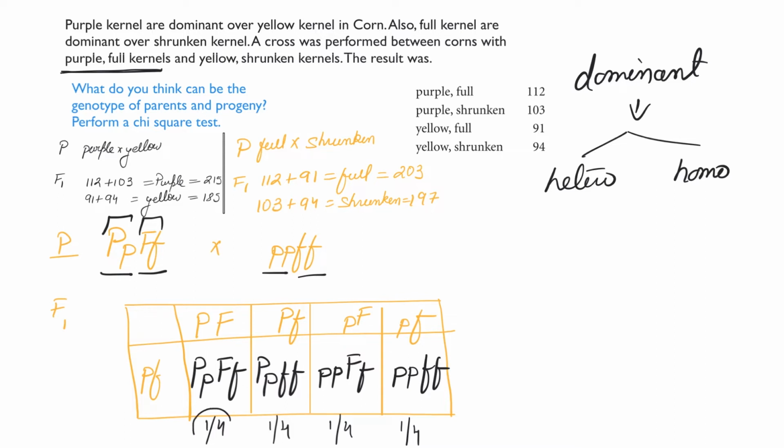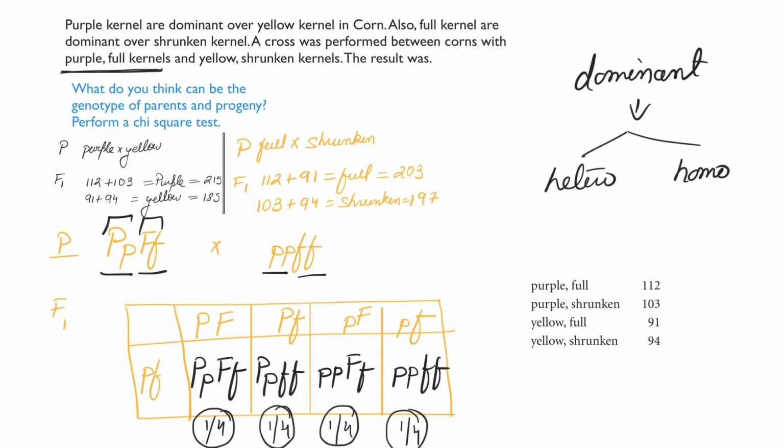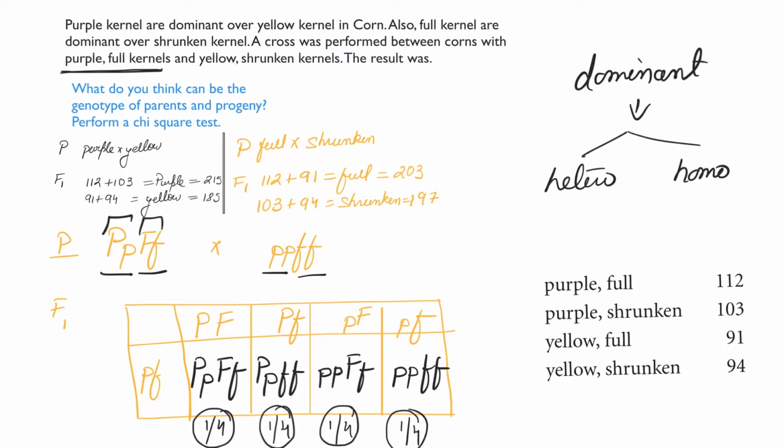Now that says the ratio of the four progeny, let us try to write their phenotypes now. So big P, small p, big F, small f, that is what our first phenotype was, right? So I'm going to write the phenotypes here. Purple and full, big P, small p, big F, small f. Purple and shrunken, big P, small p, small f, small f.